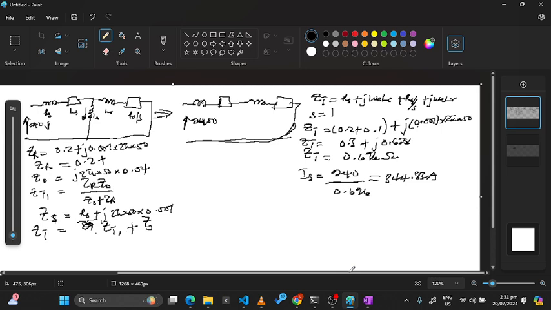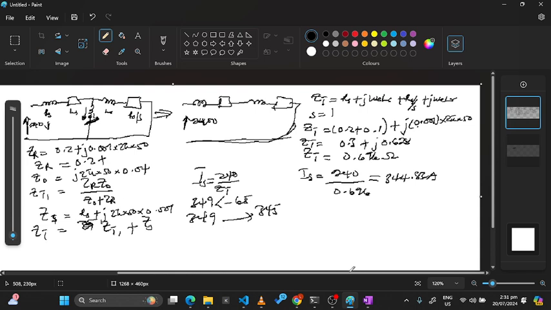Now if you get this total impedance, you find your Is as 240 divided by the Z total. I think when I did it, I had 349 at an angle of minus 65 point something. So the magnitude here is 349, which is quite close to 345. It is not the same because here you are not neglecting this.